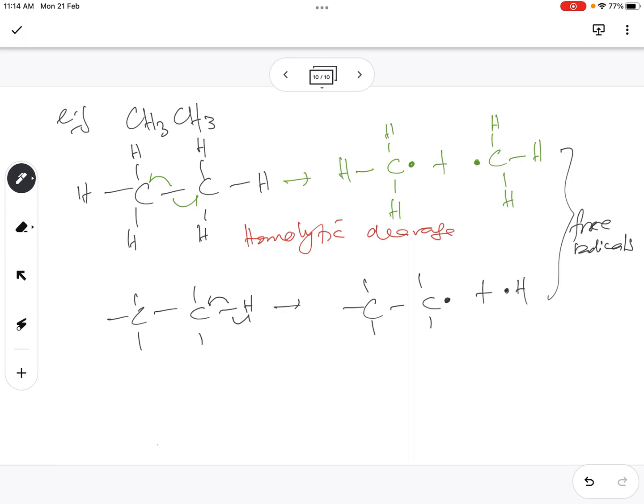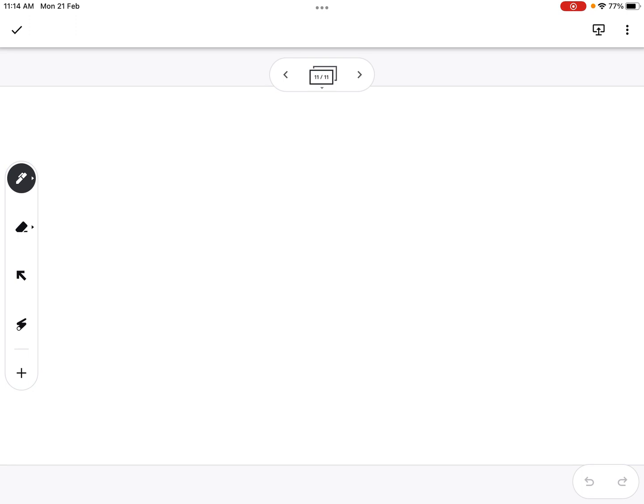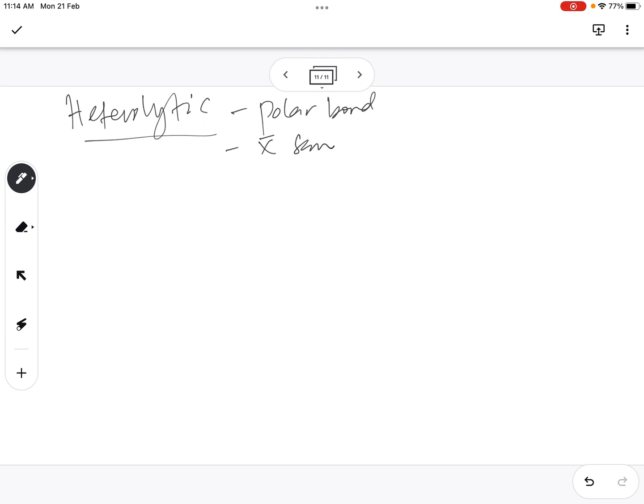Next we go to the second type of cleavage, which is known as heterolytic. This is a bit different. Heterolytic cleavage, you can look at the notes also; it has its own definition. Its criteria: obviously it occurs in polar bond, meaning the atoms do not have the same electronegativity, but different electronegativity.